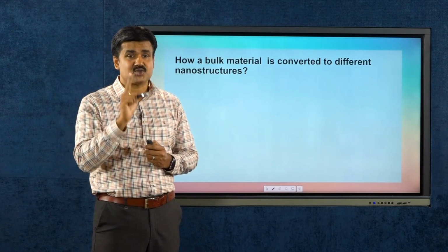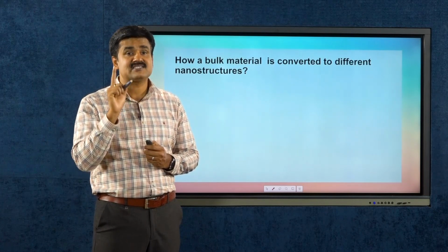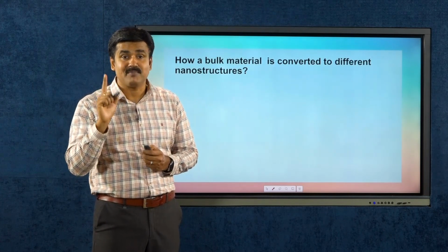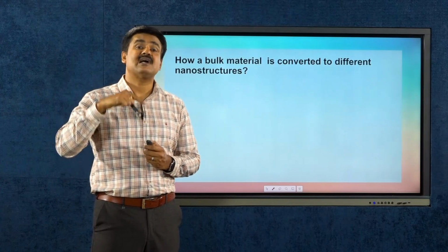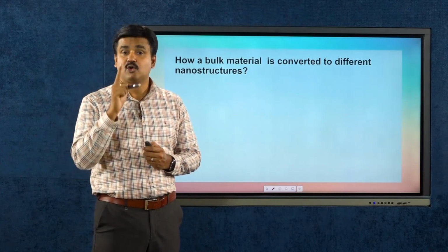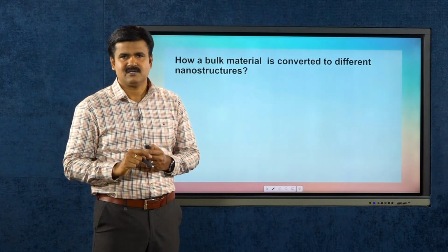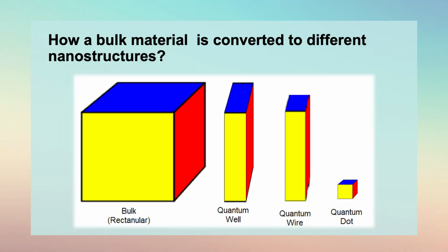The number shown here in 1D, 0D, 2D, etc. represents dimensions outside nano. In total there are 3 dimensions. Okay. Now we are discussing how a bulk material is converted to different nanostructures like 0D, 1D, 2D, etc. How these kinds of nanomaterials are obtained from a bulk material, that is our discussion.